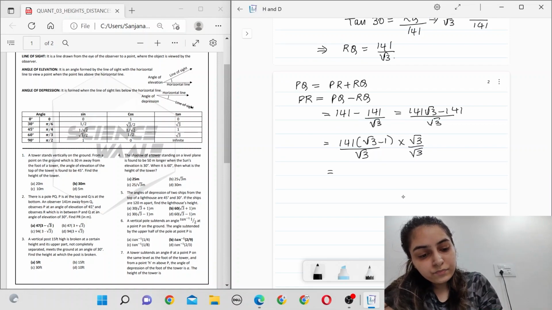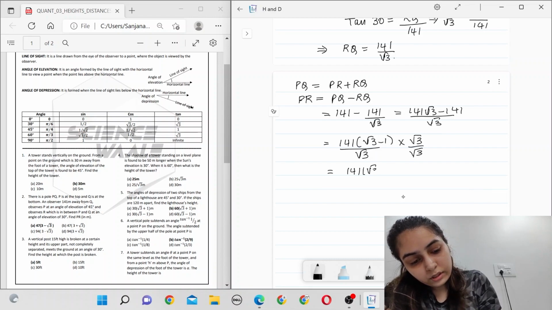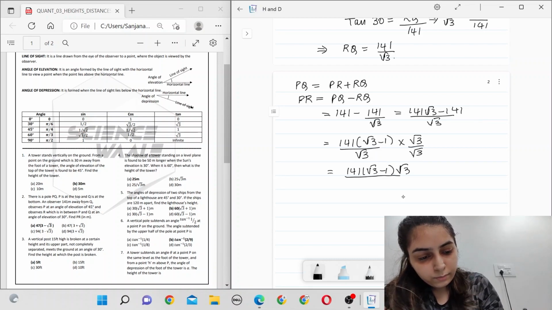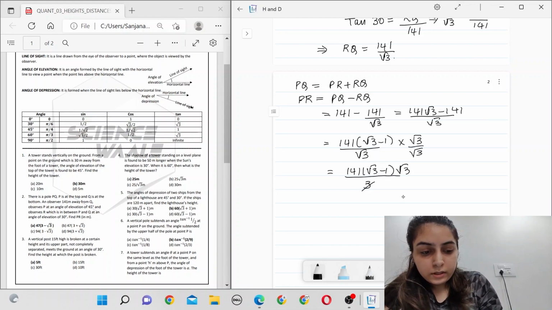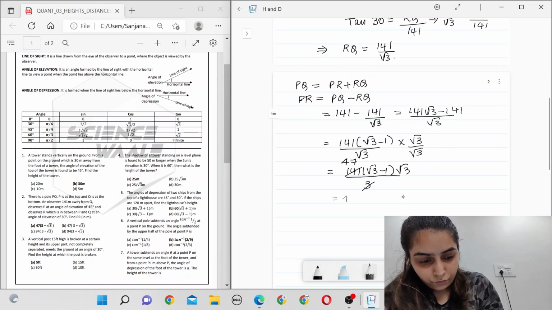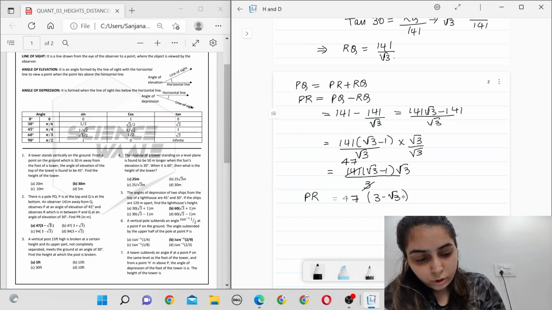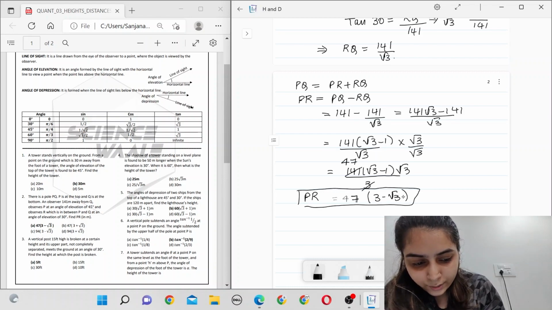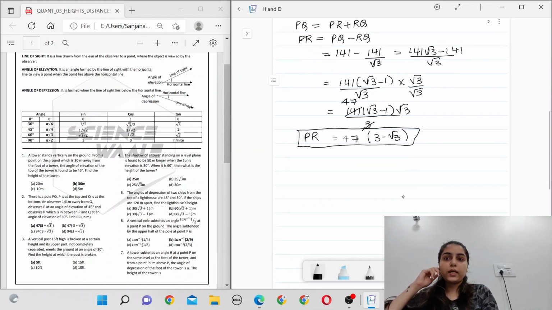So we get 141 into root 3 minus 1 into root 3, by 3. 3 4s are 12 and 3 7s are 21, so 47 into root 3 into root 3 is 3, minus root 3. So PR is found to be 47 of 3 minus root 3. And so the second question is done.